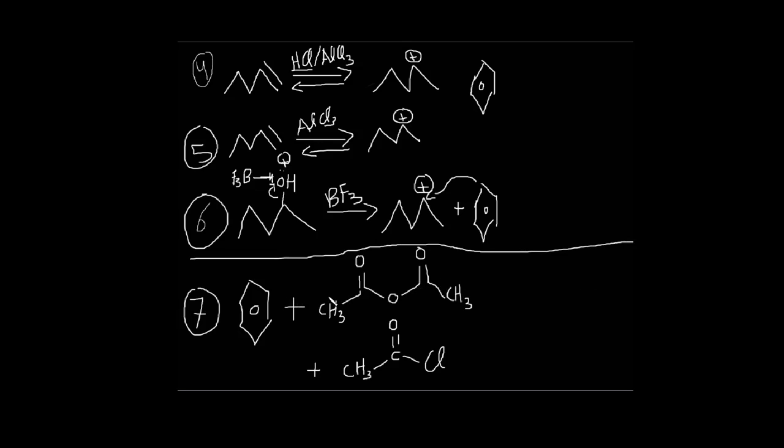So what happens to know the final product? We're not going to talk about the full mechanism in this video, just the final product. So to know your final product with the acid anhydride, always attach your benzene to the carbonyl carbon and the OCOR leaves.